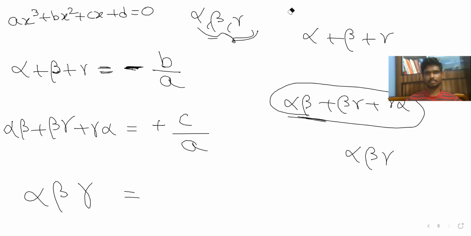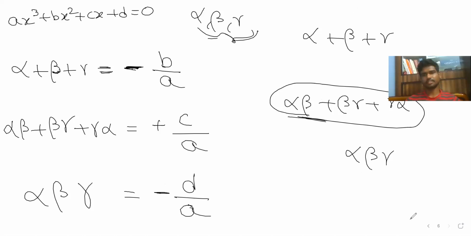Because plus, minus, plus, again minus. Now same thing, the coefficient of the power one less than the above. Here it is the coefficient of x to the power 1, which leaves only the coefficient of the constant, that is d, by a, always. So these are the formulas.